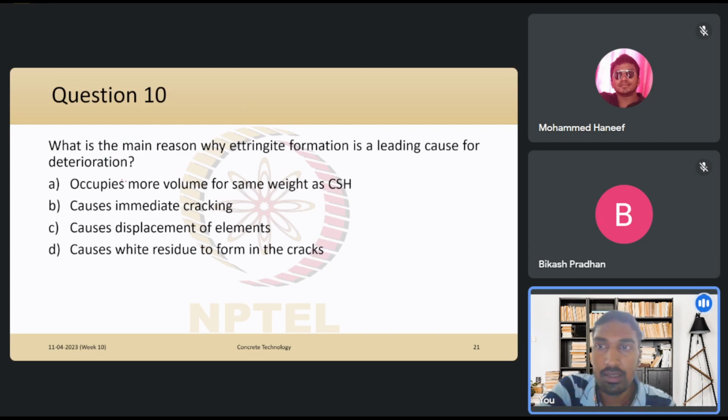Okay, question number 10 is, what is the main reason why ettringite formation is a leading cause of deterioration? The options are: it occupies more volume for the same weight as CSH, it causes immediate cracking, it causes displacement of the elements, and it causes white residue to form in the cracks.